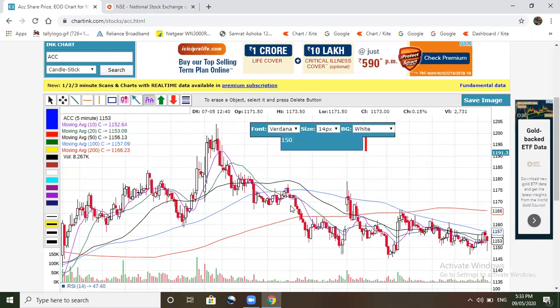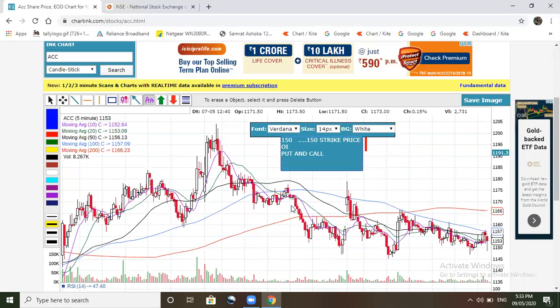First you will study the 150 strike price open interest on both sides, put and call.